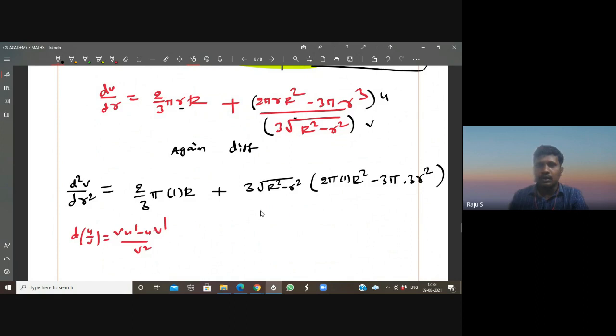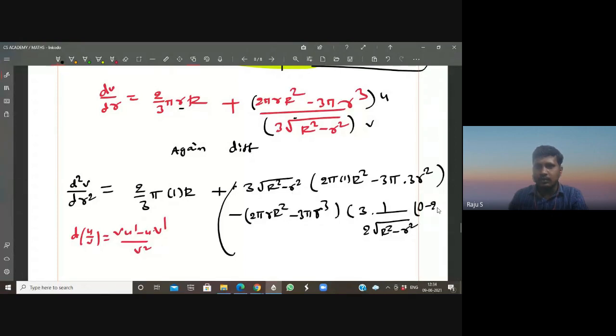Minus, yes students, minus u v dash: 2 pi r capital R square minus 3 pi small r cube into the derivative of denominator, means 3 into 1 by 2 root over capital R square minus small r square, again the derivative of capital R square is 0 minus 2r.